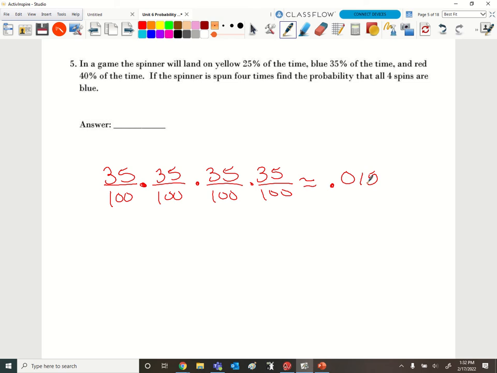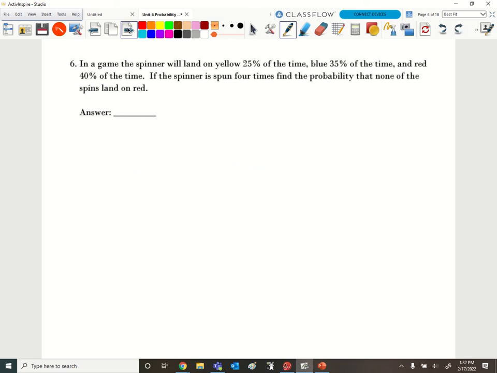All right. Now, question 6. Same question. This time, the spinner spun 4 times, probability that none of the spins land on red. First, what's red? 40. Red is 40%, right? But do I want red? No red. So what am I looking for now? The complement, right?